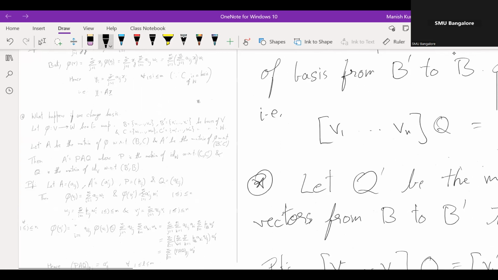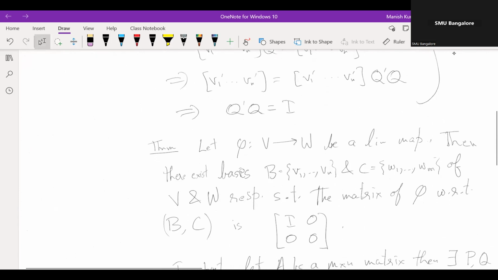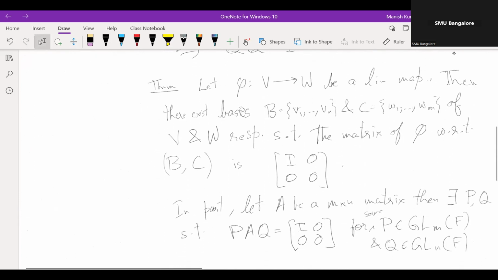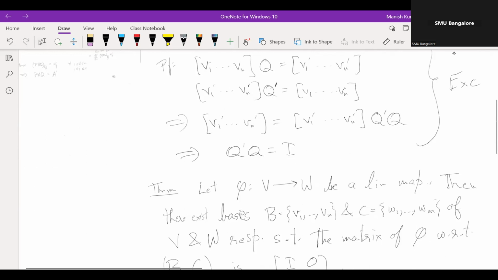So if you apply that previous theorem, then if A is any matrix, we can find matrices P and Q such that PAQ is I000. P and Q are change of basis matrices, and we saw that change of basis matrices are invertible, so Q prime times Q is identity.